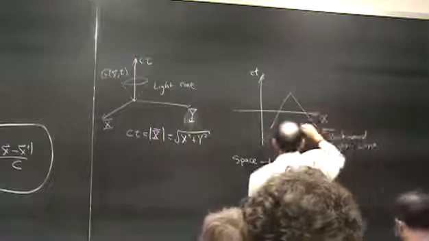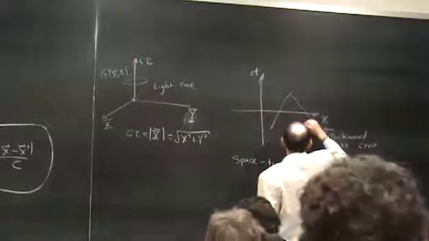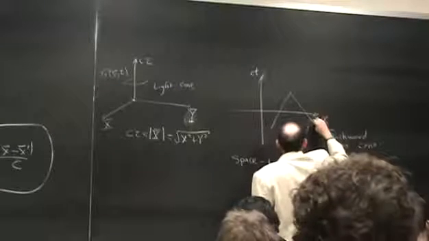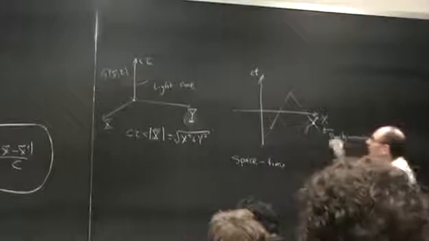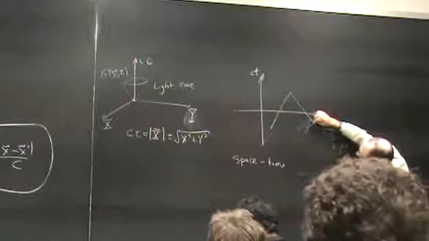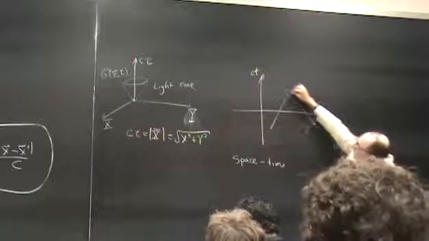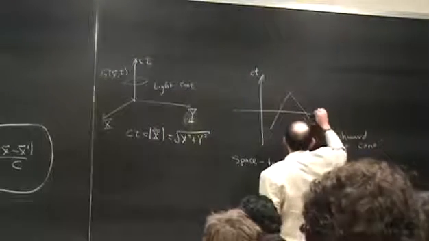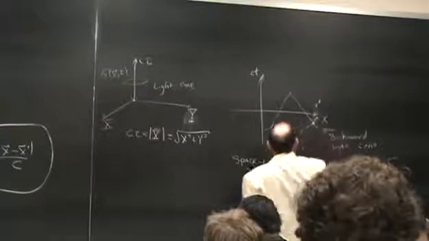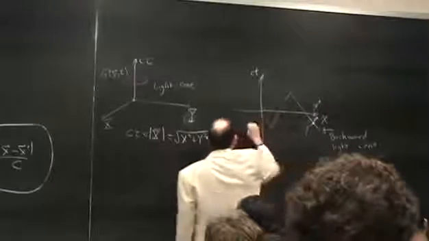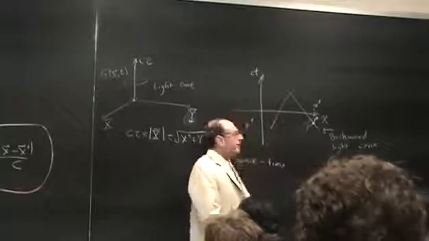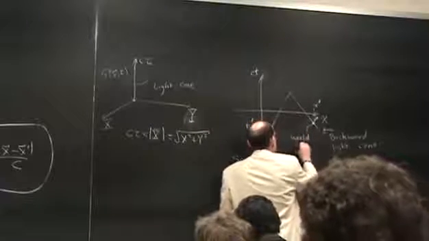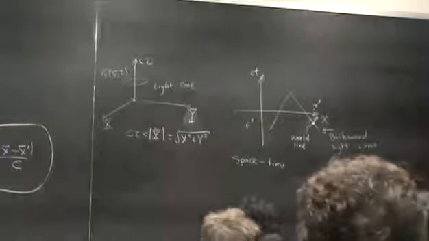So if there is some charge moving around here, then when it crosses my backward light cone, if it emits a wave, that can contribute to what I see right here. So this is the source at position x prime at time t prime. This is its world line, representing its trajectory in space and time.